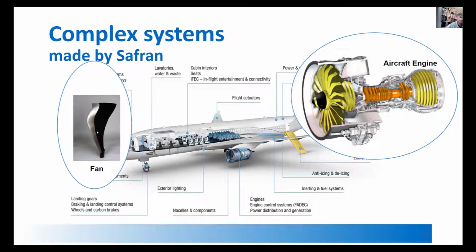We'll come back to it later, but the complexity can come from many different points. It's not only something made of several components like an aircraft. It can also be something made of different materials and with different requirements, and that makes complexity.